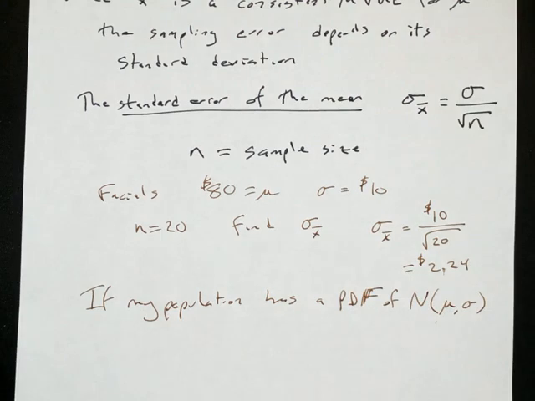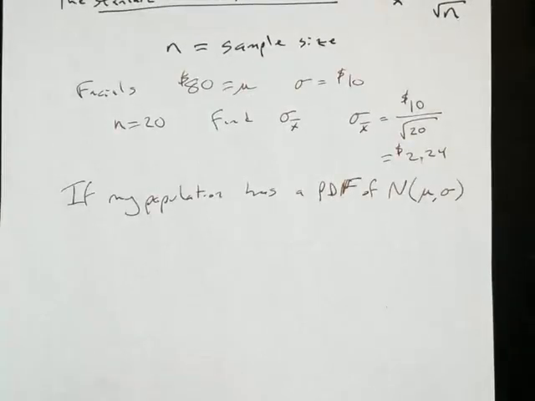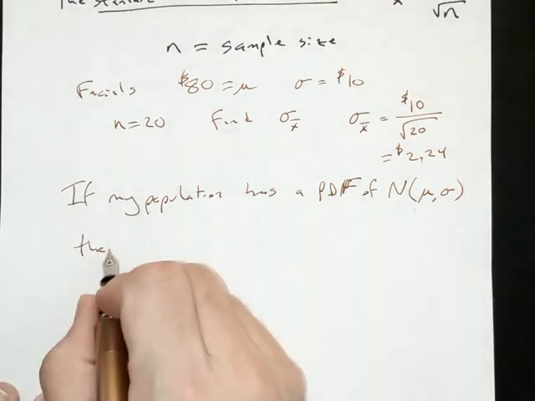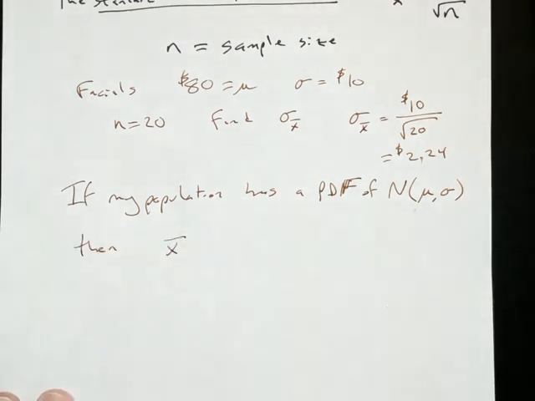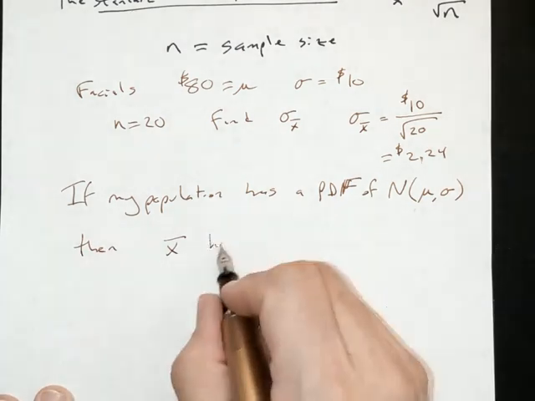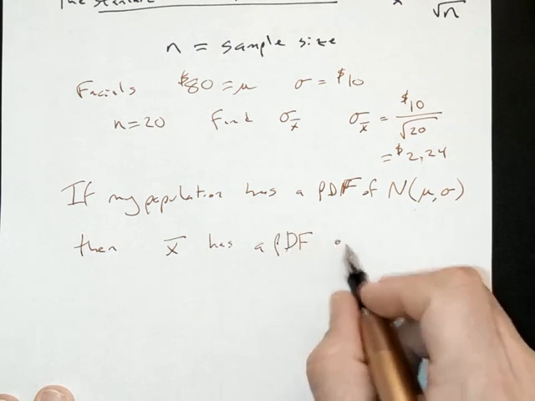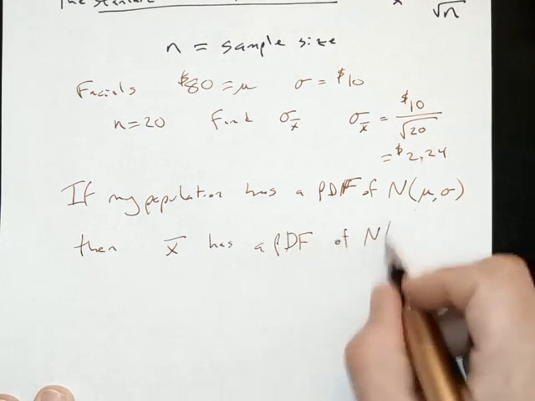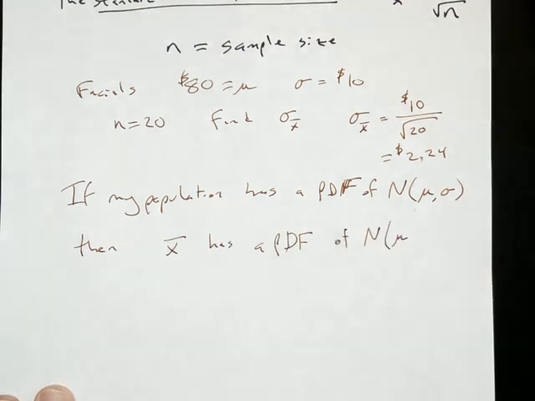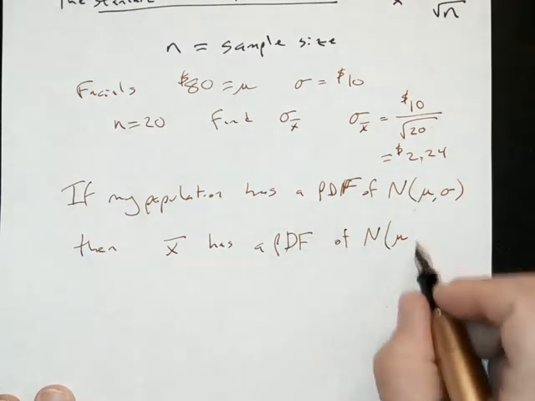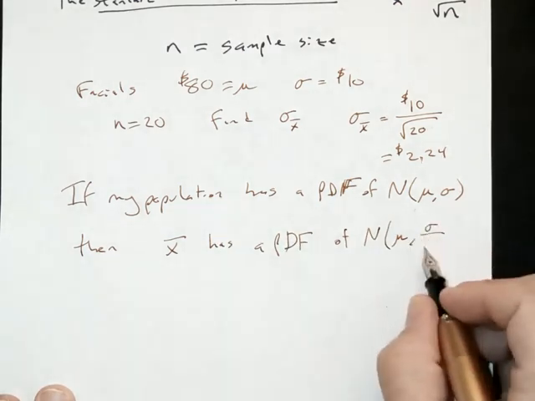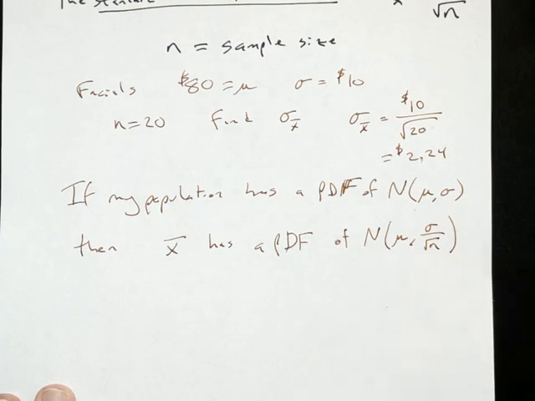If I have a PDF for my population that is normally distributed, that's what N means, normal, then the sample mean has a PDF that is also normal with the same mean, but a smaller standard deviation.